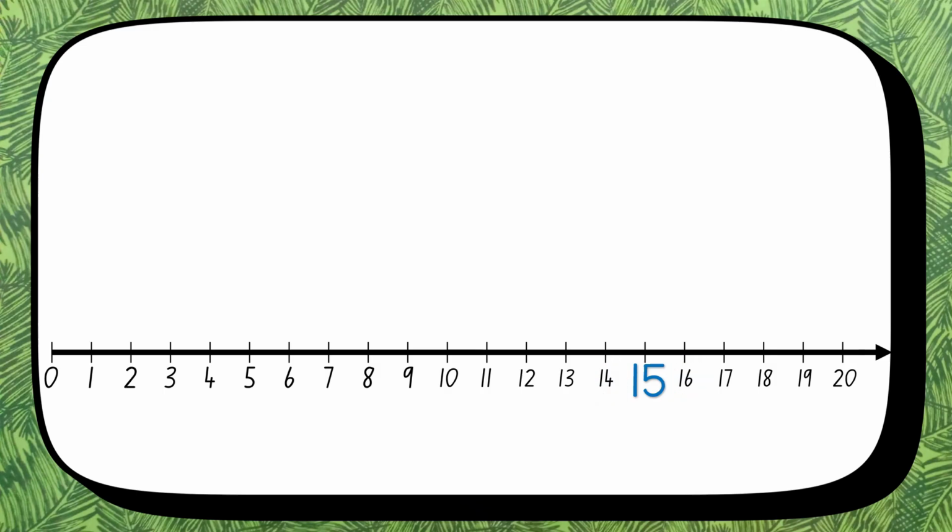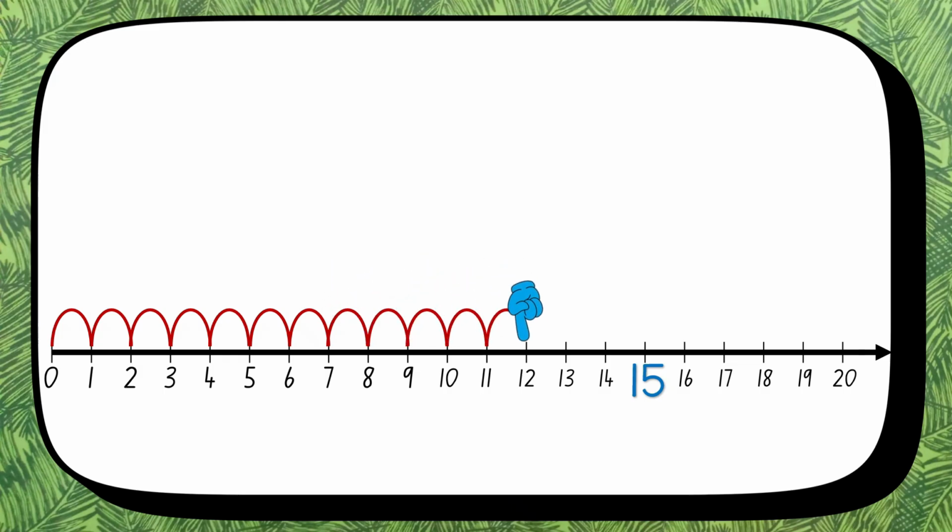Alright, let's start from 0 and count to 15. Point along with your finger. Ready? 0, 1, 2, 3, 4, 5, 6, 7, 8, 9, 10, 11, 12, 13, 14, 15.